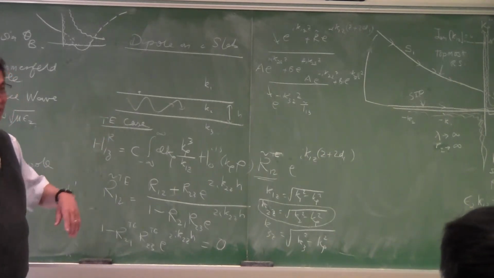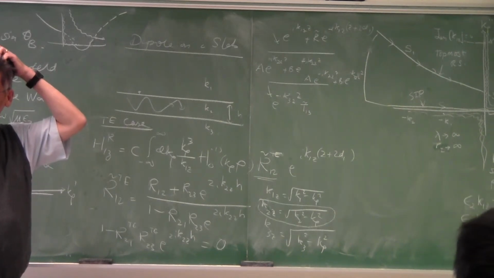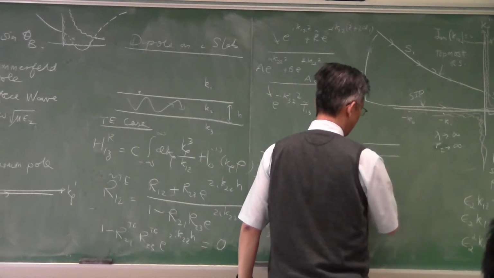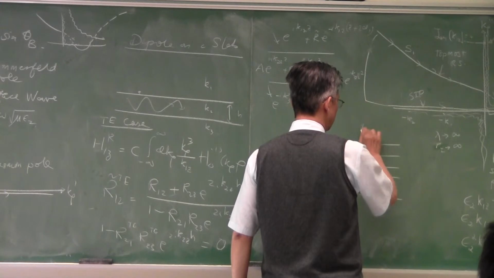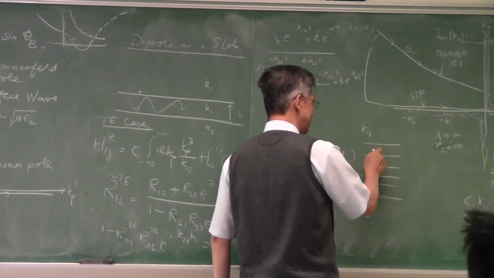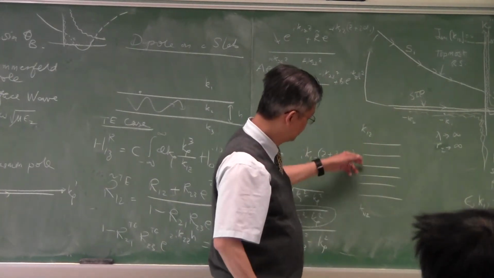And then you can do the same for the algebra of a 3-layer, 4-layer, 5-layer medium. You can go to the algebra and write down K1z, ... Knz. And then you can write down the solution in each region as a linear superposition of 2 waves.